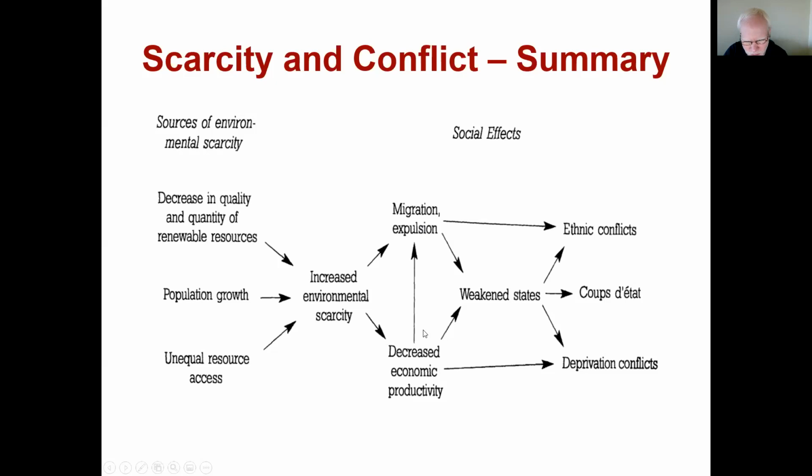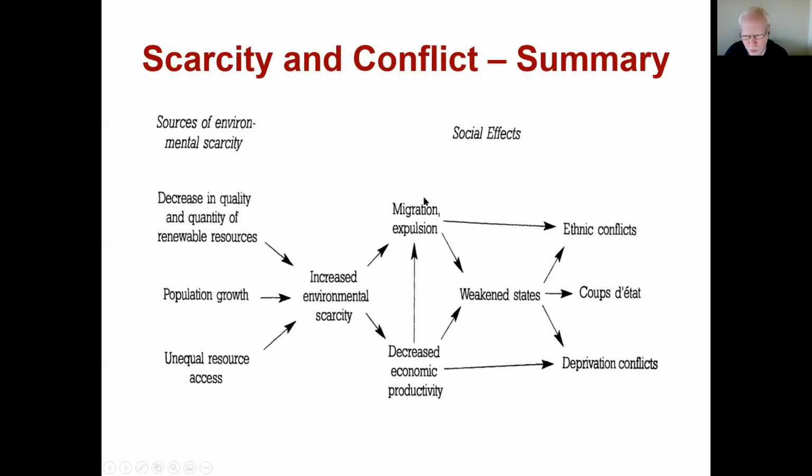Both of these lead to a weakened state. Migrant expulsion also leads to ethnic conflict. Decreased economic productivity can also lead to deprivation conflicts and a weakened state. And both of these can indirectly lead to all three, to ethnic conflict, coup d'etat, and deprivation conflicts, through weakened states.